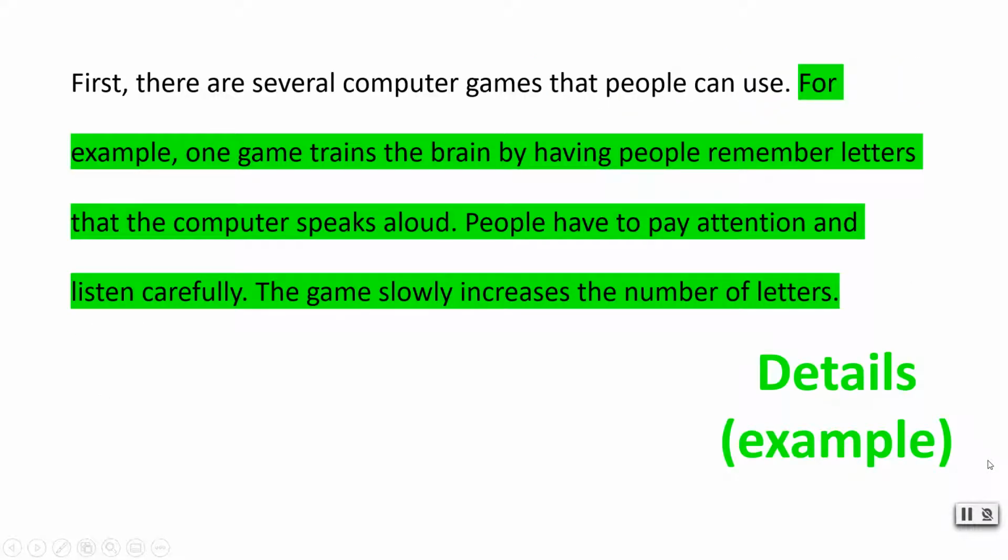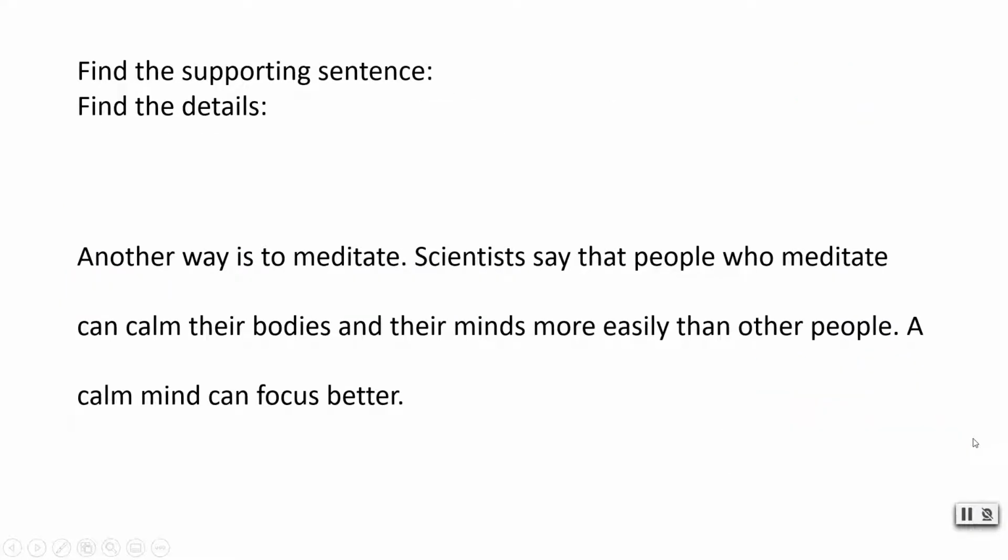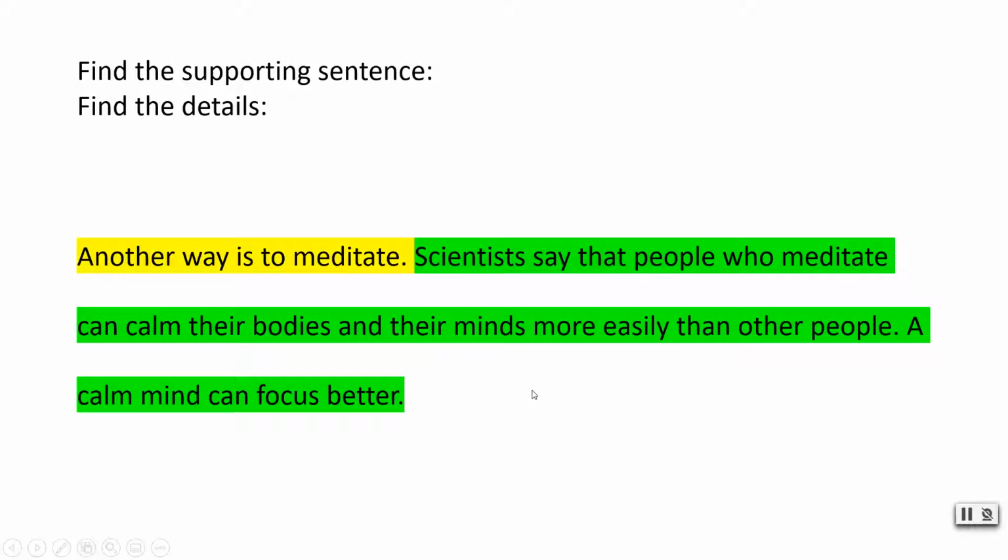And everything else are the details. Okay? In this case, the details are examples. And here's the rest of the paragraph. The first part here is the supporting point, and the rest are the details. In this case, this part of the details is an explanation.